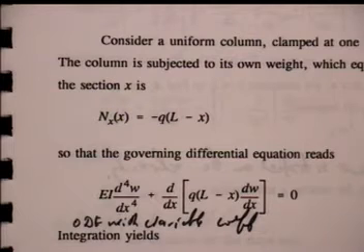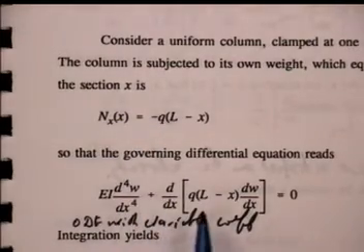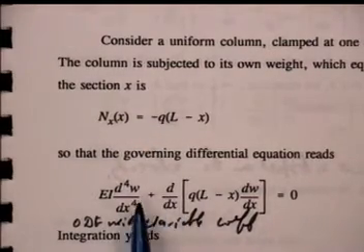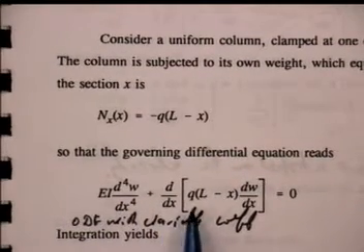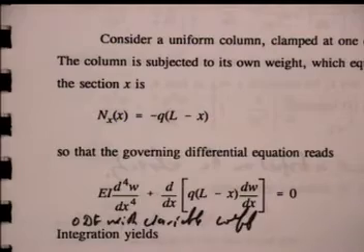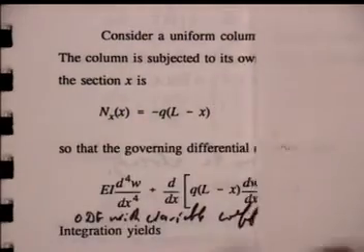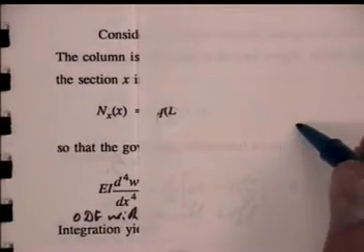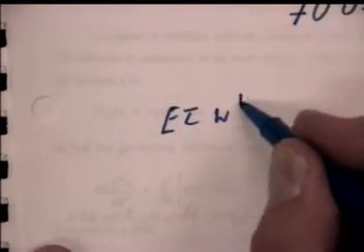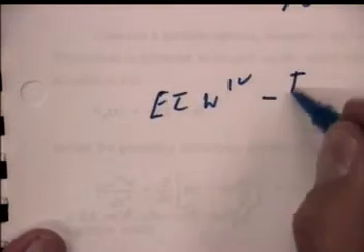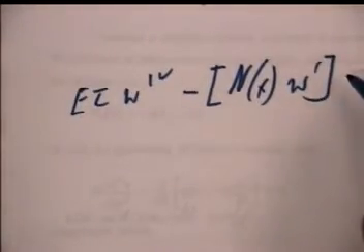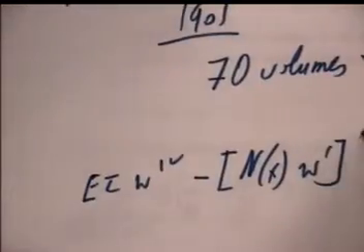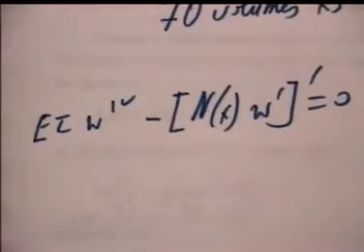Okay. Let us continue. Now we have this is negative, but n of x is with negative sign. So here is minus n of x. So we get plus d dx. So differential equation itself, if you recall, is EI w fourth derivative, then minus n of x w prime, and then derivative equals 0, yes?